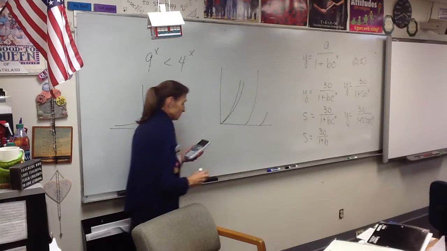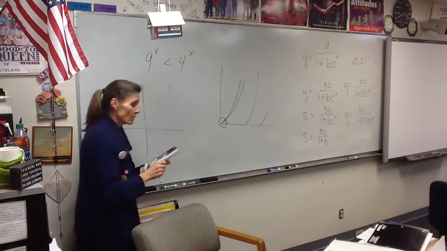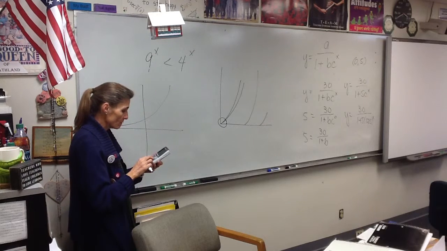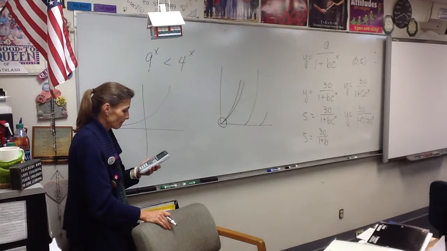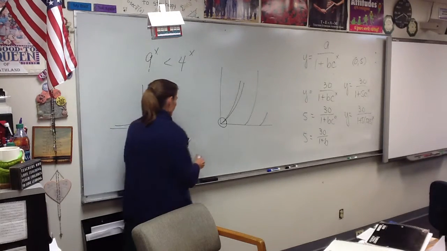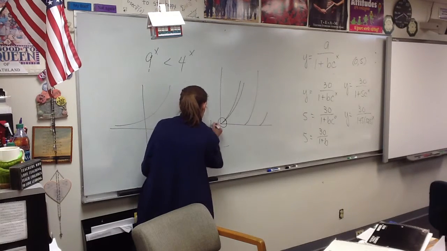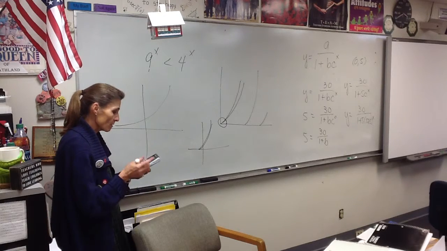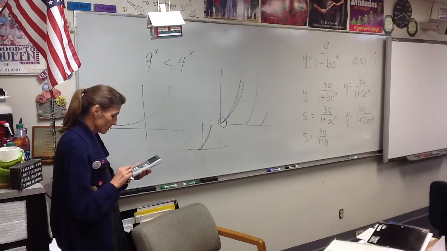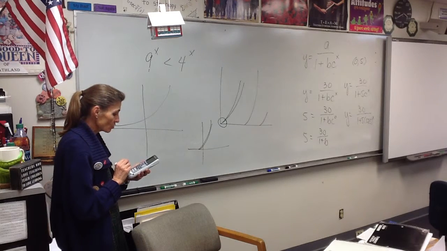This is what I need to see, right? I need to see where they cross. So I'm going to make that window even smaller. Now I'm seeing this. So I'm going to make it even smaller. I'm going to quit talking now and just work, because I need to see where those things cross each other.